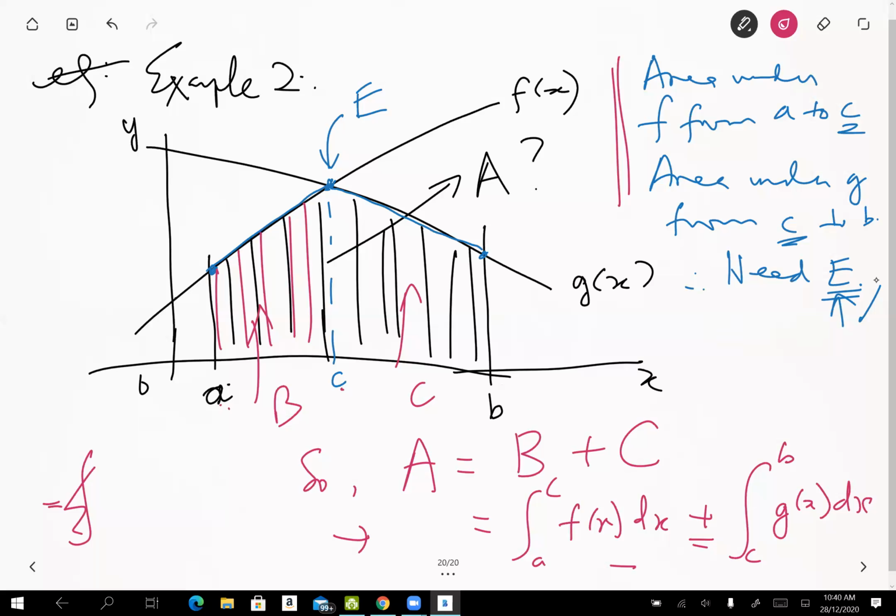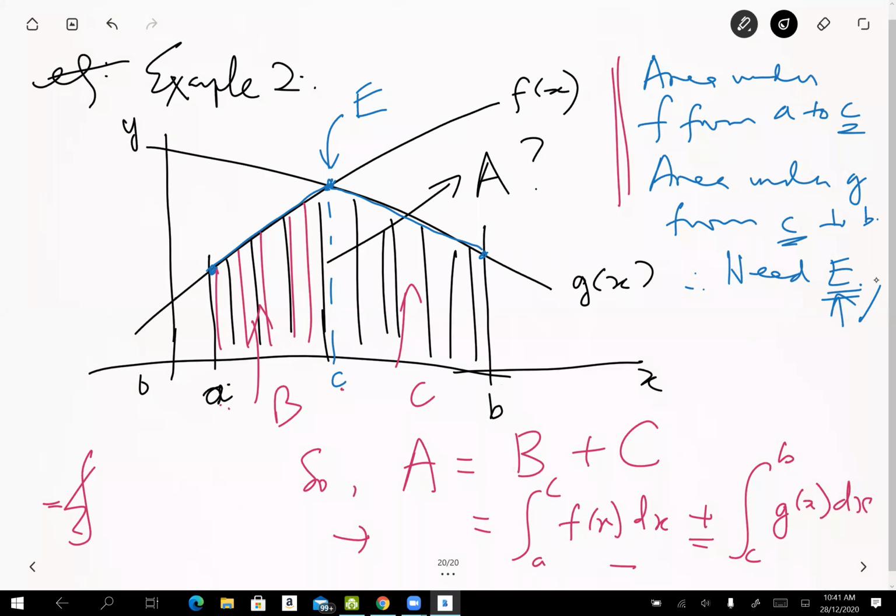Any question? So intuitively, we have to know the areas that you need in order to find the area that you want. That will be either the sum of two areas or the subtraction of two areas.